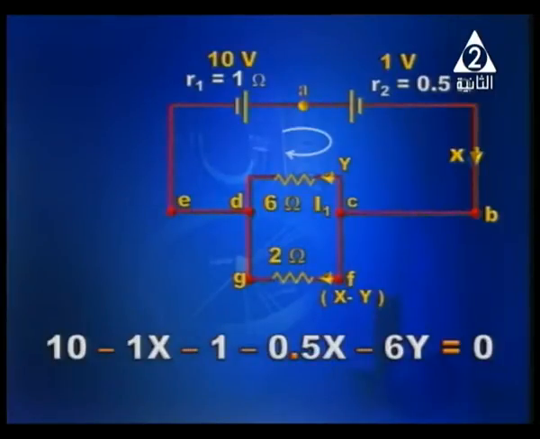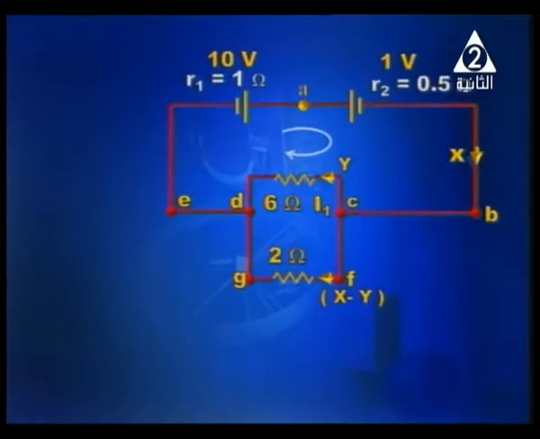So 10, the voltage of the battery, minus the current flowing x times the internal resistance 1, minus the voltage of the second cell, because it is opposing the first, so minus 1, minus 0.5 times x, minus 6y, the voltage drop across the 6 ohm resistor, all equal to 0.